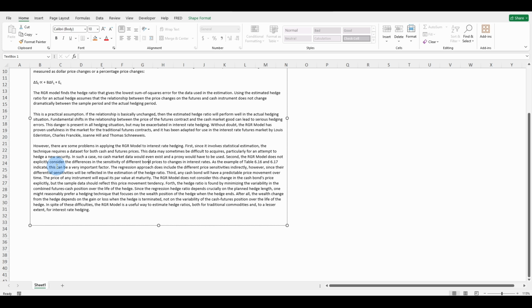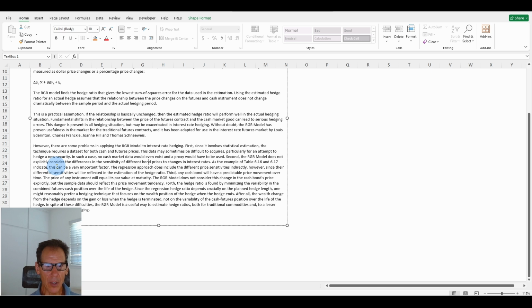Since the regression hedge ratio depends crucially on the planned hedge length, one might reasonably prefer a hedging technique that focuses on the wealth position of the hedge when the hedge ends. After all, the wealth change from the hedge depends on the gain or loss when the hedge is terminated, not on the variability of the cash futures position over the life of the hedge.